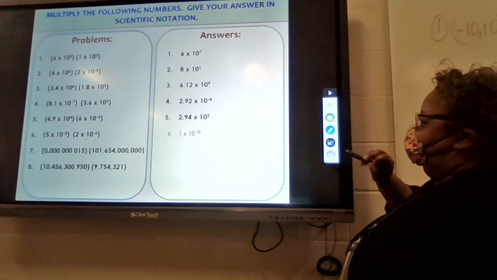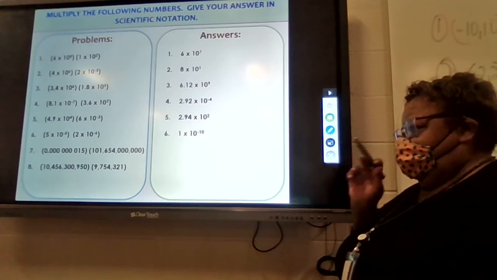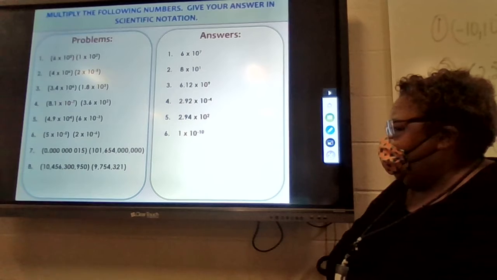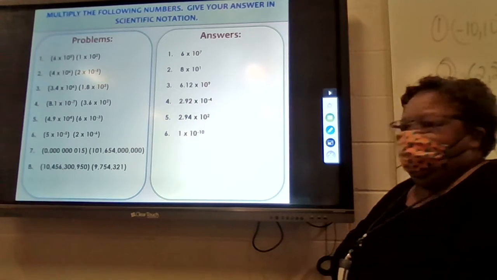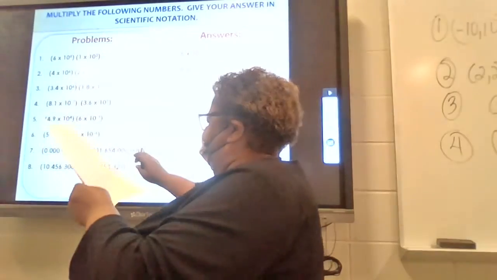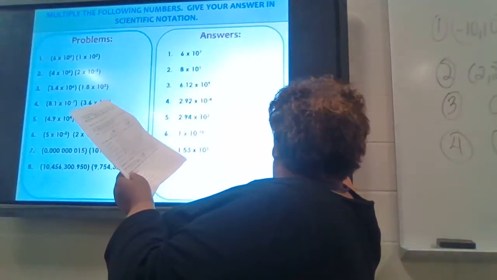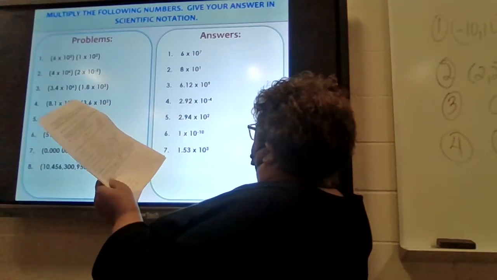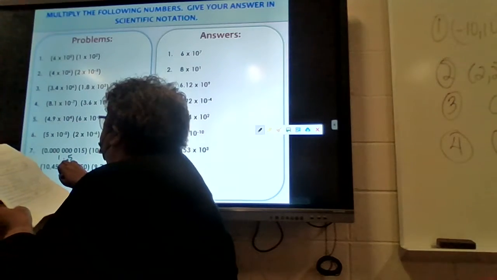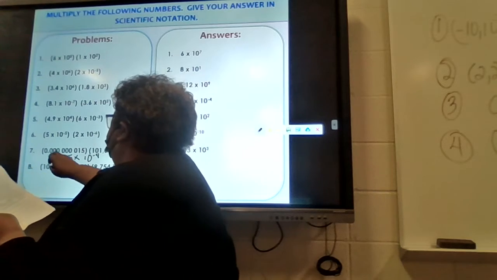Now I'm going to go down to number 7. Now number 7 and 8, I'm just going to talk through them. I'm going to put this up after class. You have to put them in scientific notation. So if I put this in scientific notation, I have 1.5 times 10 to the negative 8.